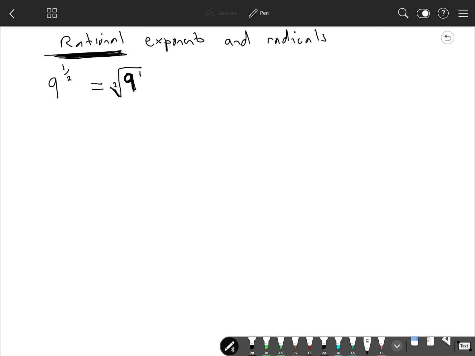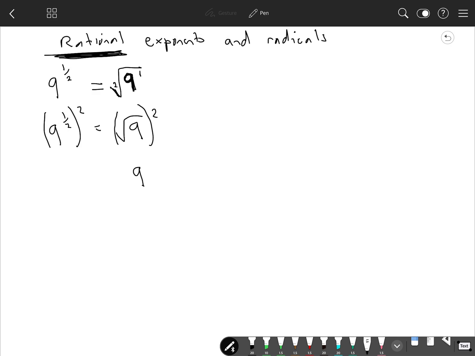So let's start with, what if we squared both sides? I'm going to write 9 to the 1/2 squared equals the square root of 9 squared. Let's talk about this first one. If we square root 9, we get 3, right? And then we square that, we're back to 9, so it just equals 9.